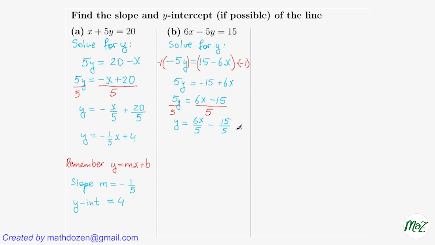So we get y is equal to 6x over 5 minus 15 over 5, which is the same as y equals 6 over 5 times x minus 3. And here the slope, the coefficient in front of x, is positive 6 over 5, and the y-intercept, the term without x, is negative 3.